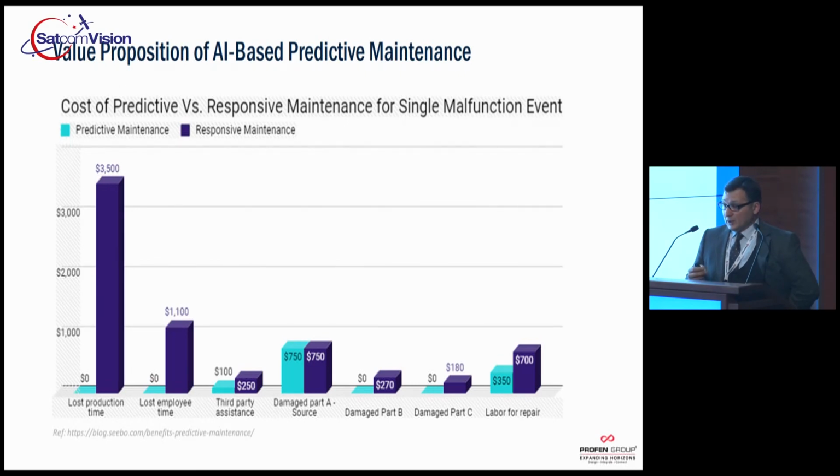It's about $3,500 US dollars, the cost of the lost production time, lost employee time, and the loss for repair. This is an example showing the value proposition for artificial intelligence-based predictive maintenance systems.